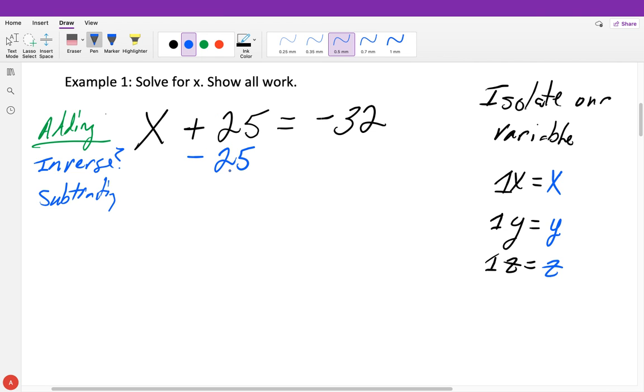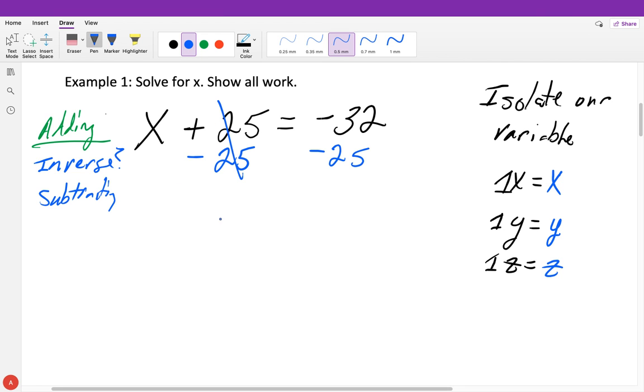If I subtract anything other than 25, there'll be something left over, and I'd have either x plus 1 or maybe x minus 1. The only way to get x all by itself is by adding 0 to it, because any number plus 0 is back to that original number. So we subtract the exact same amount, and what we do to one side, we have to do to the other. We need to balance it out. I'll show you this in numbers in just a few seconds.